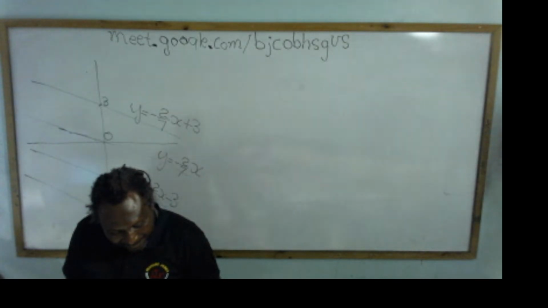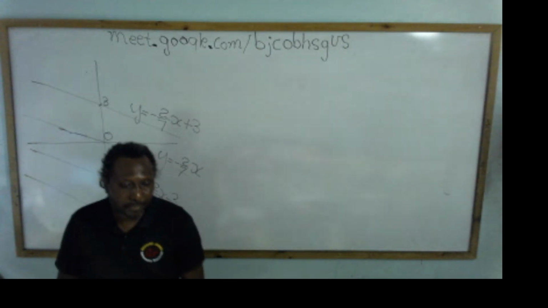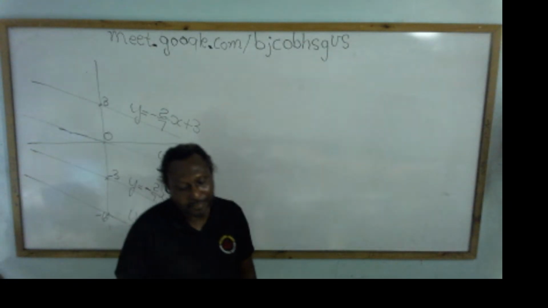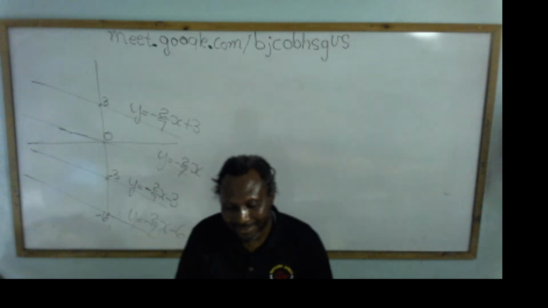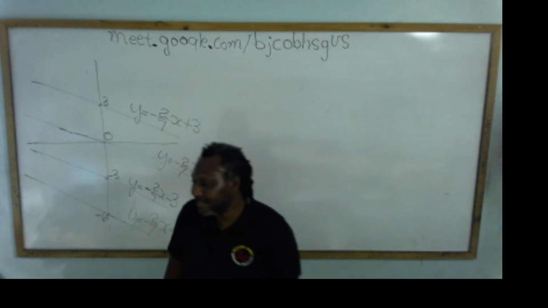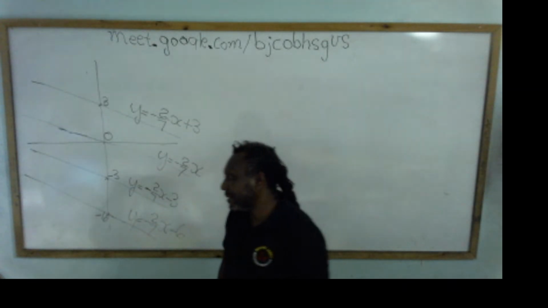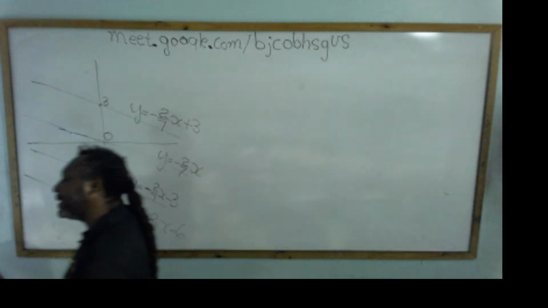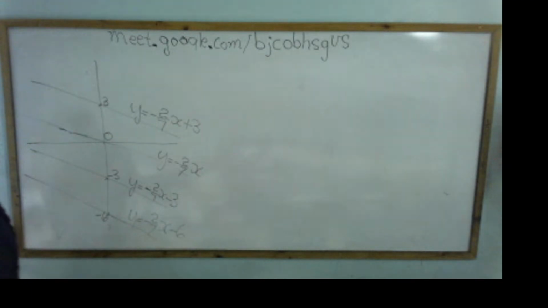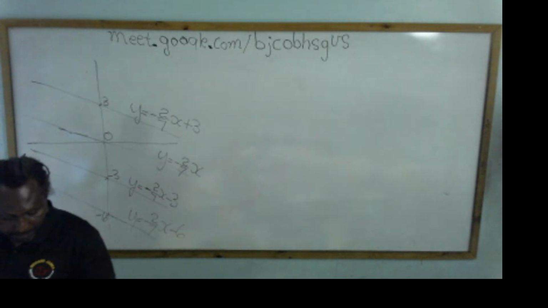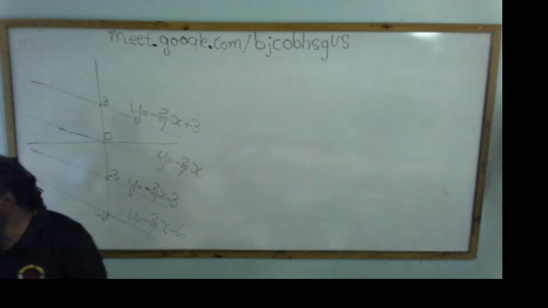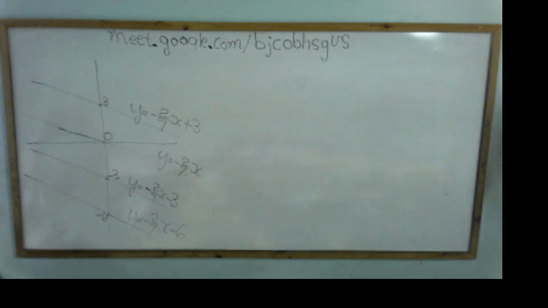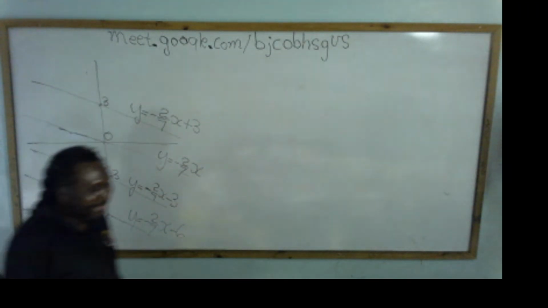And of course, now students, one year I asked the students to find the gradient of something. The students were given all kinds of answers. And one of the students said to me, Mr. James, is this correct?